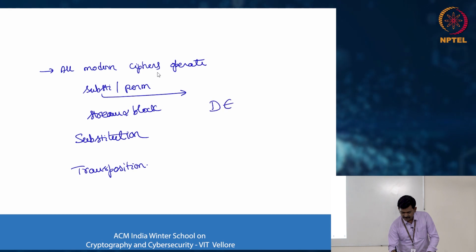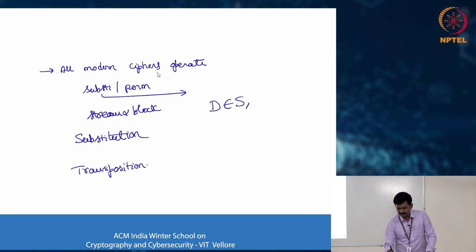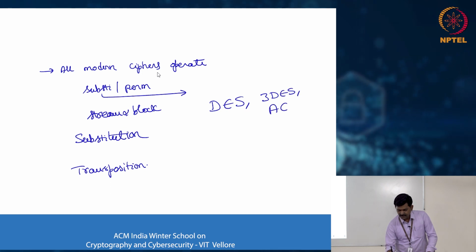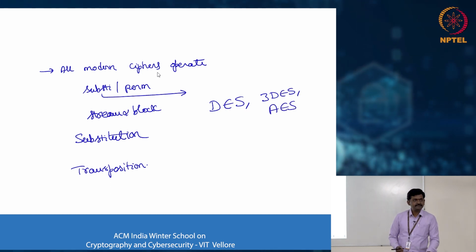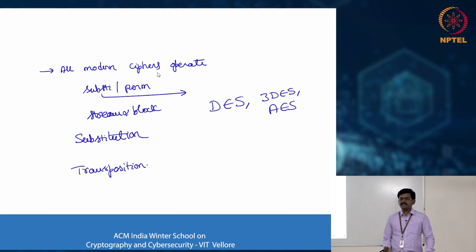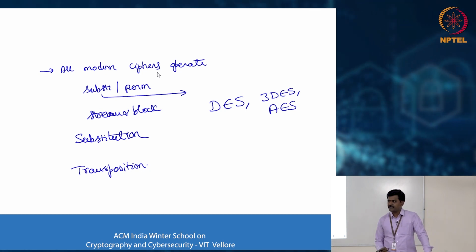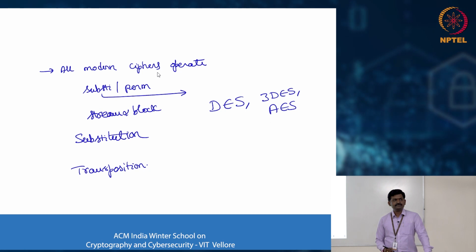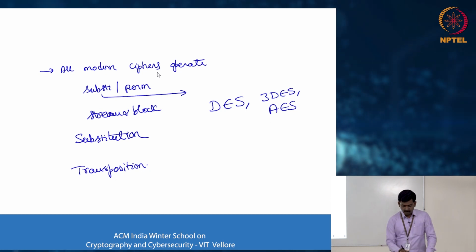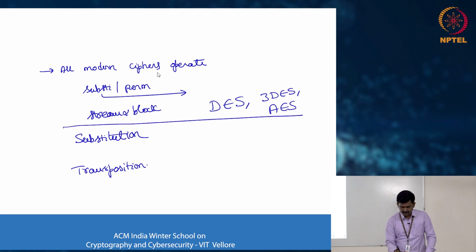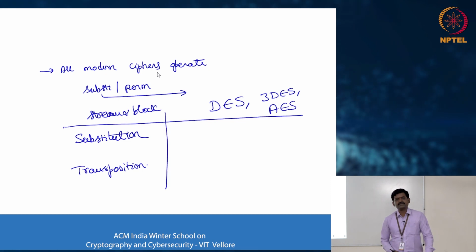Say symmetric. DES is one of the modern ciphers. Triple DES is a modern cipher. AES is a modern cipher. What we are using currently is the AES, Advanced Encryption Standard. Now they have both substitution and permutation operations, or transposition operations.